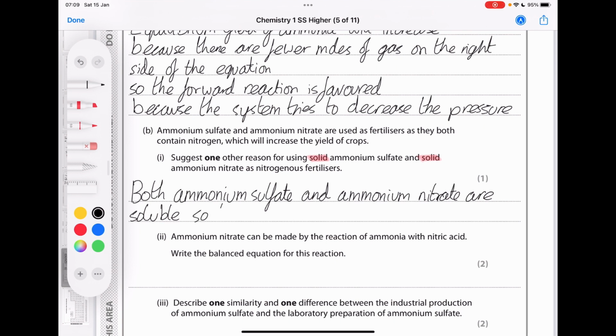So the ions can be absorbed through plant roots.